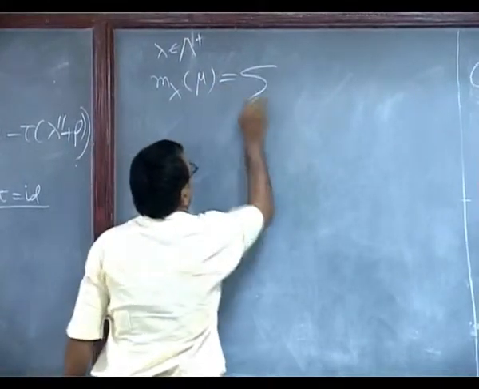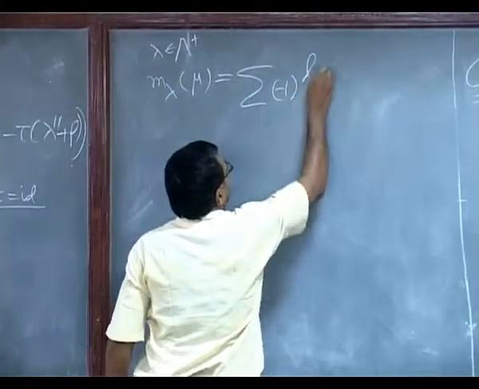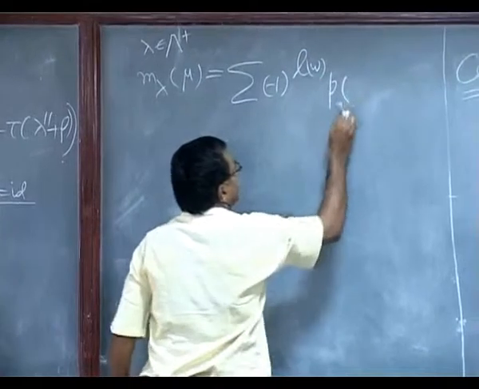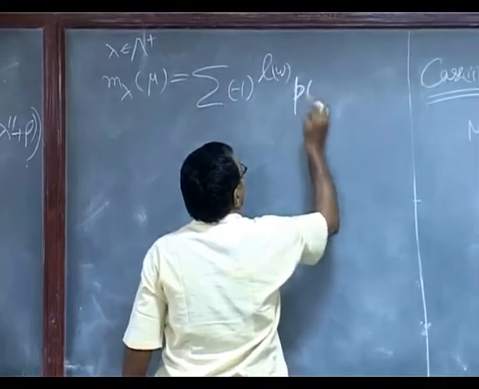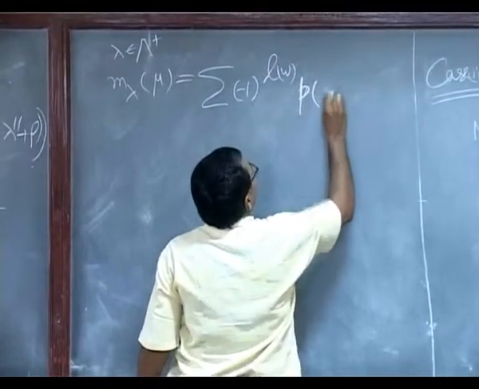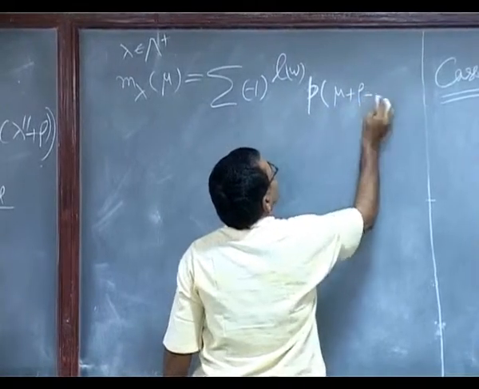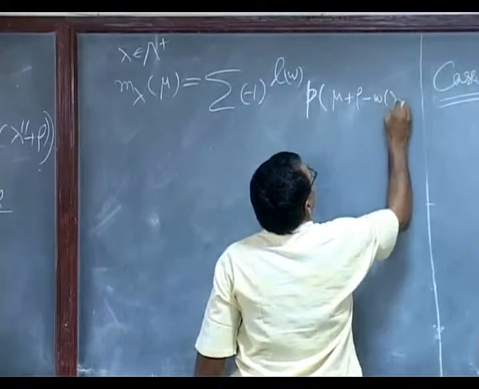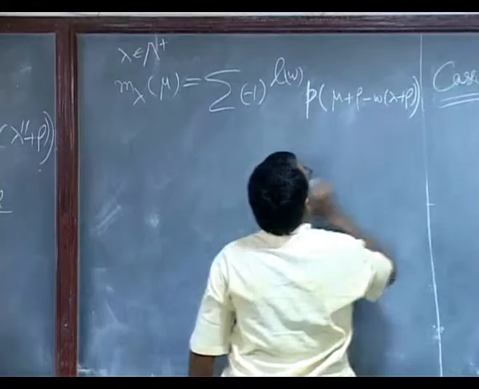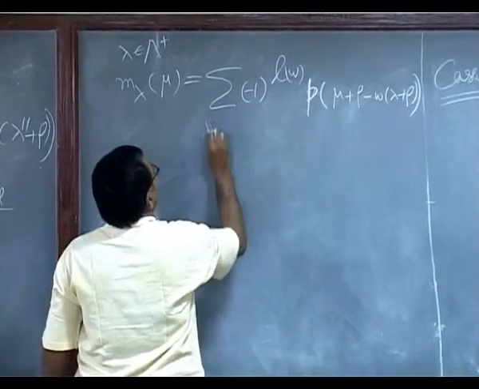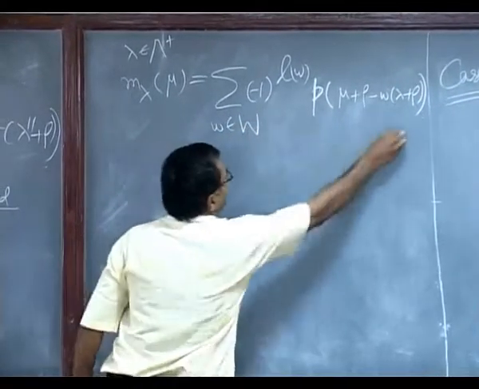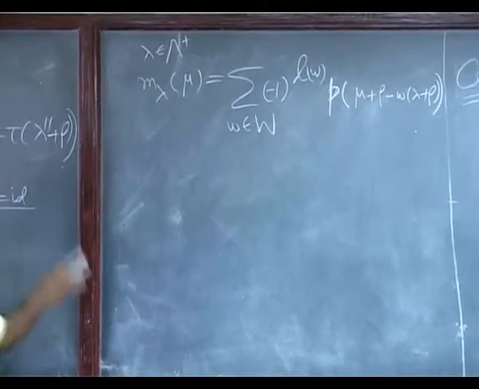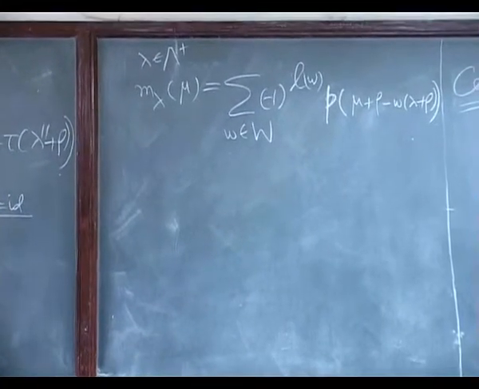So we have the sum over w of minus one to the power l(w) times P of mu plus rho minus w of lambda plus rho. So here also I have to say a few things. I would have spent more time here. Anyway, I still have time.